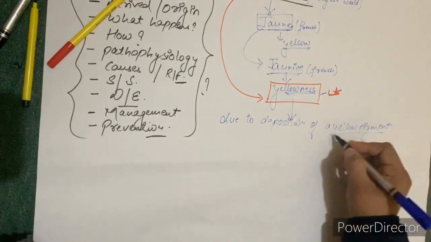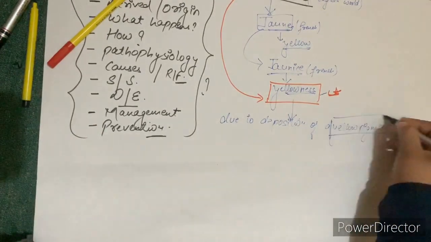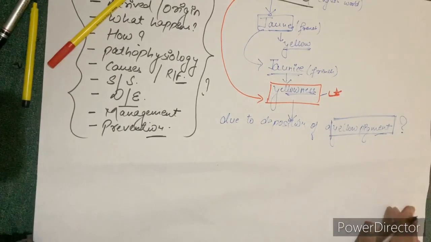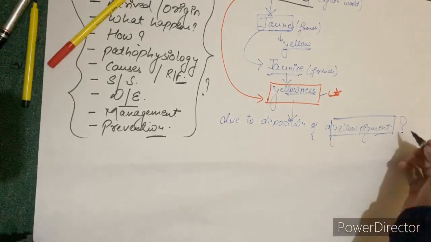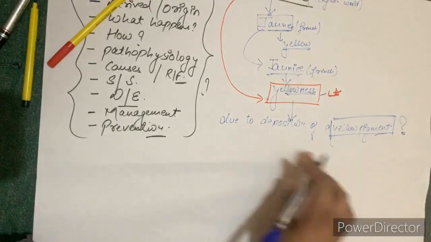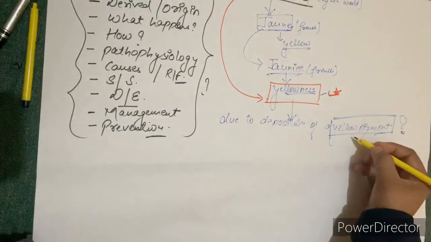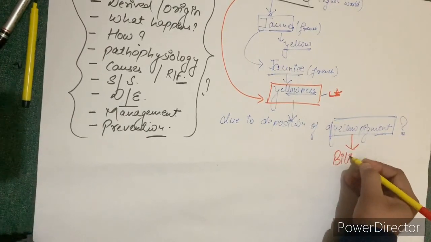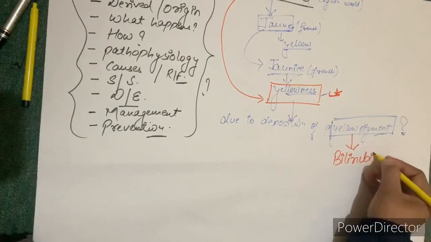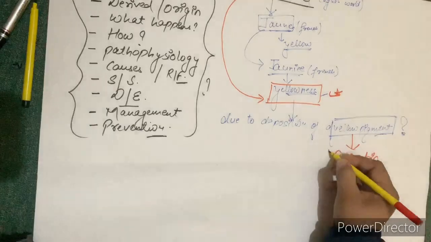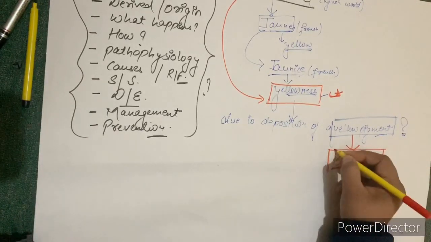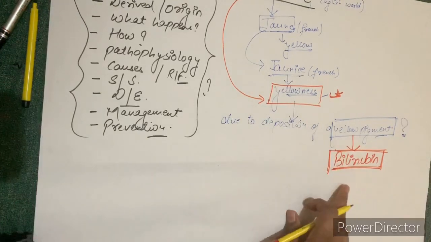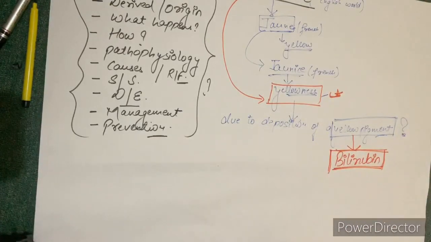What is this yellow pigment? This yellow pigment is a compound known as bilirubin. This is the main cause of yellowness in jaundice.